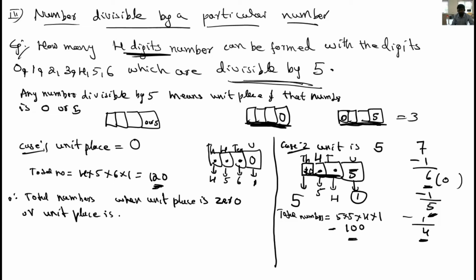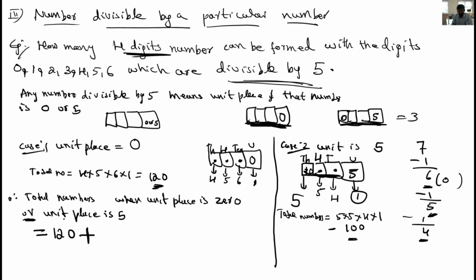When the unit place is 0, how many numbers are there? 120 numbers are there. OR is there, right? We saw in the addition principle, whenever OR comes, that is plus. Because the unit place may be 0 or 5. Options are there. So OR means that is plus.